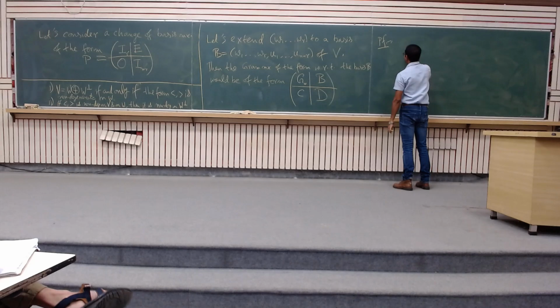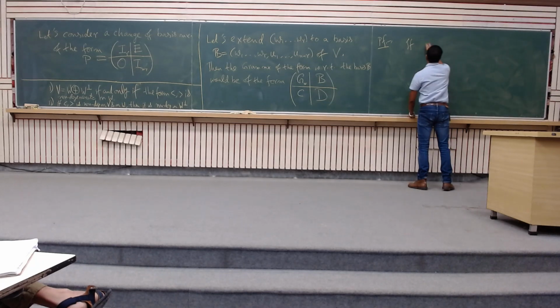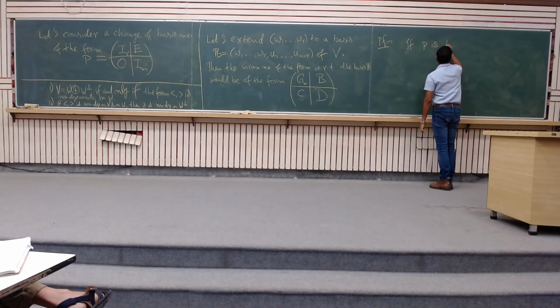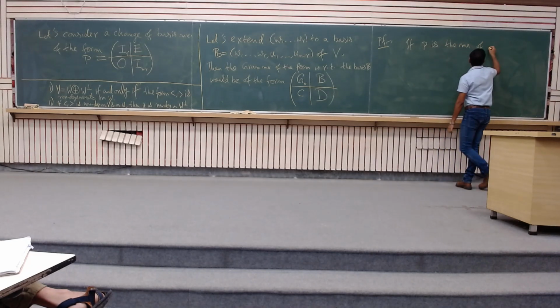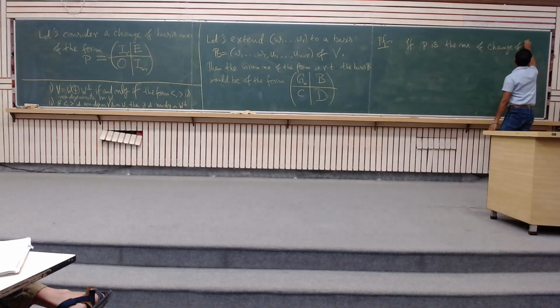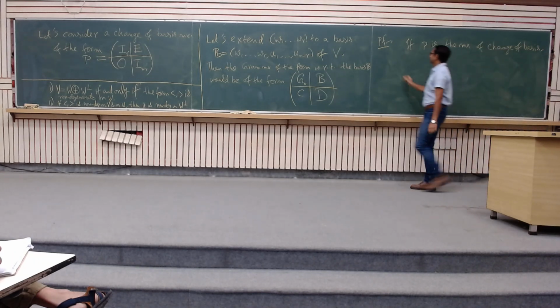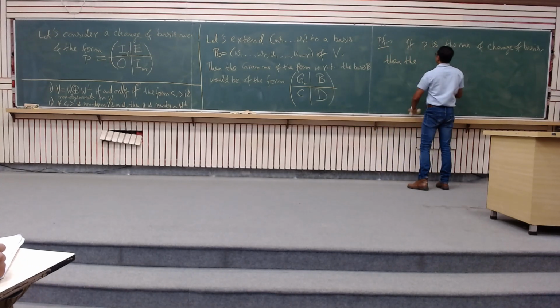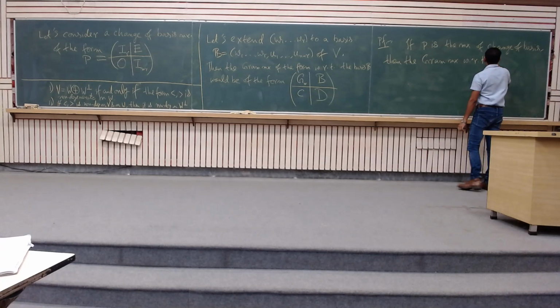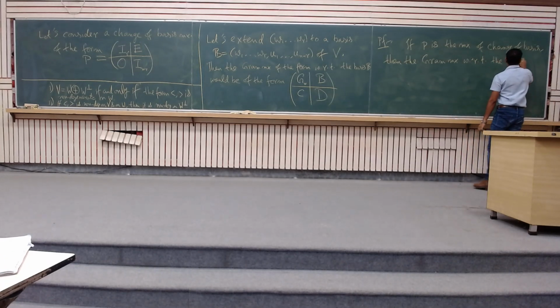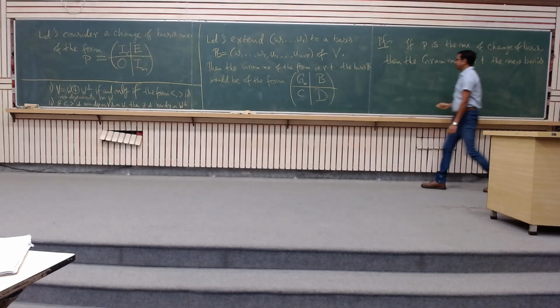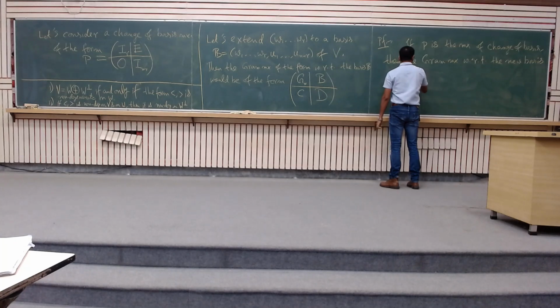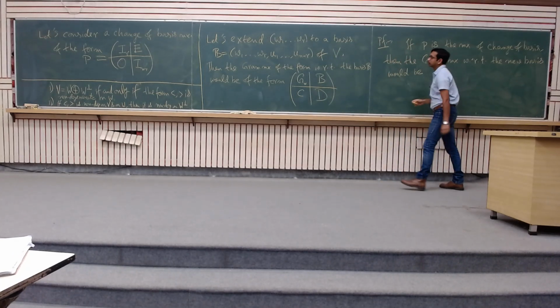So this matrix will be changed by, so if P is the matrix of change of basis, then the new gram matrix, well, the gram matrix with respect to the new basis would be P star. Now what is P star?